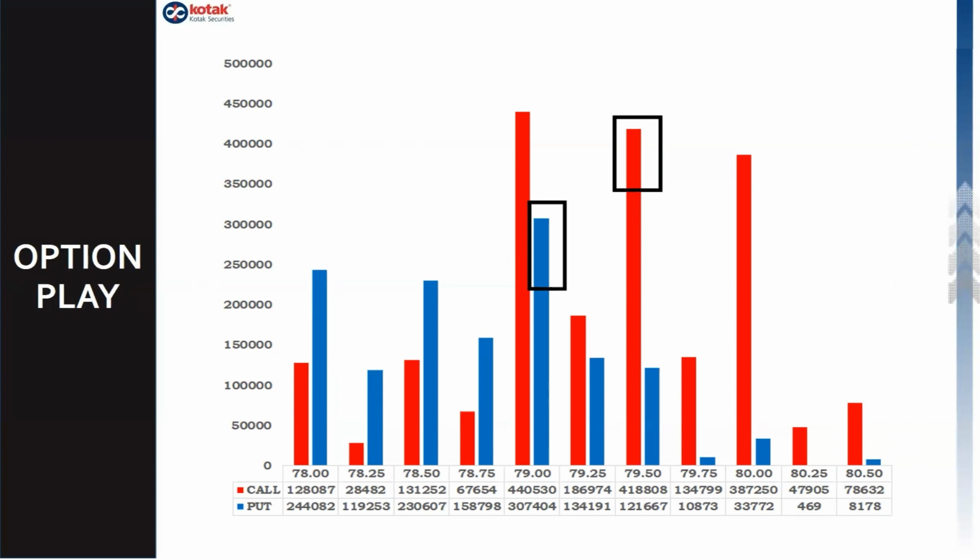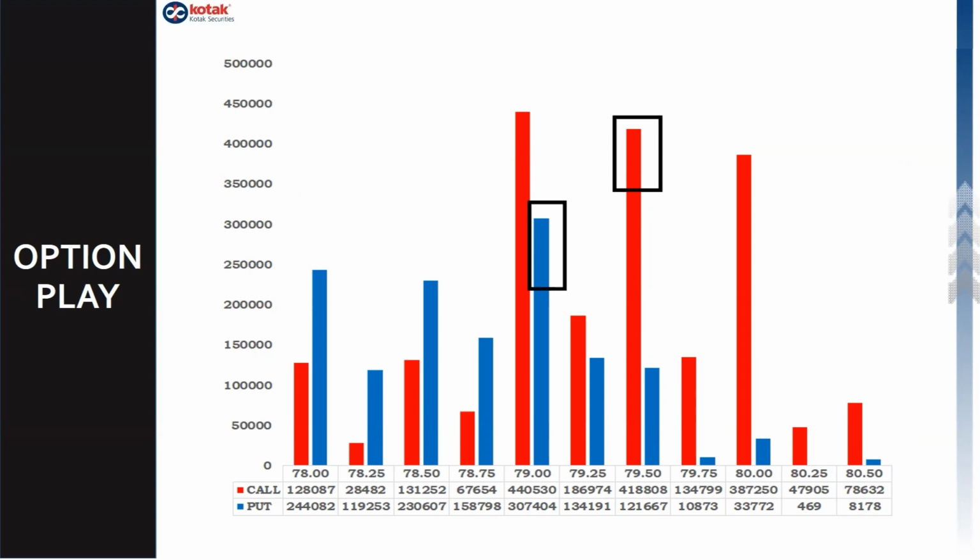And what we see is that the 79 strike put and the 79.50 strike call, or even the 80 strike call, have very large open interest in the weekly and the monthly contracts, which clearly indicates that the option sellers are betting that at least for the next 1 week, USDINR should remain between 79 and 79.5 on the July 15th futures.